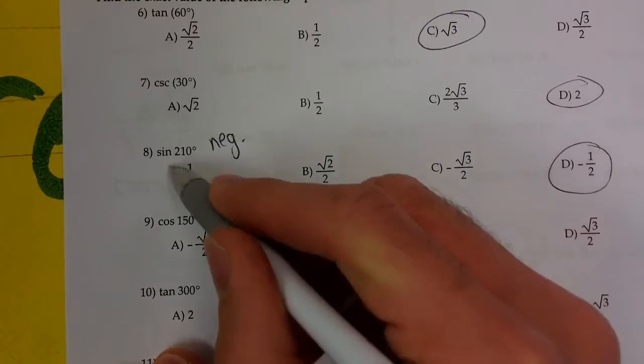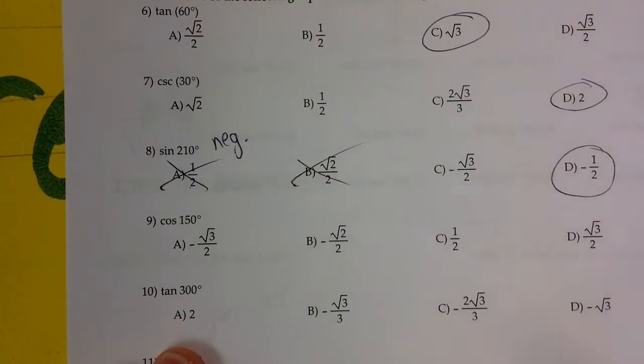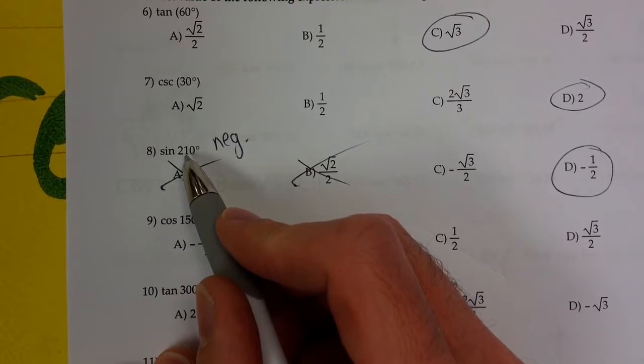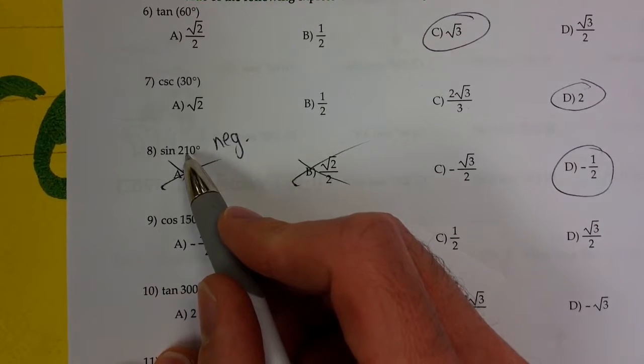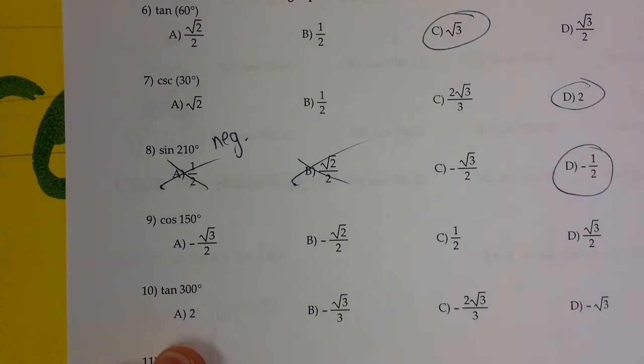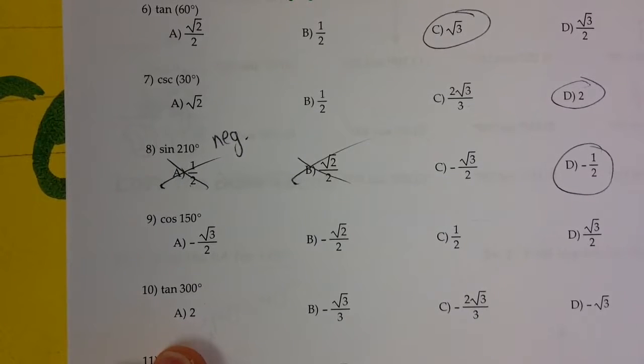That eliminates choice A, choice B. Then I calculate the reference angle in my head. 210 minus 180 is 30. Then I ask myself, what is the sine of 30 degrees? I can usually visualize the 30, 60, 90 in my head. The side opposite of 30 is 1, or x, and the hypotenuse is 2, or 2x. So 1 to 2, and it's just negative.